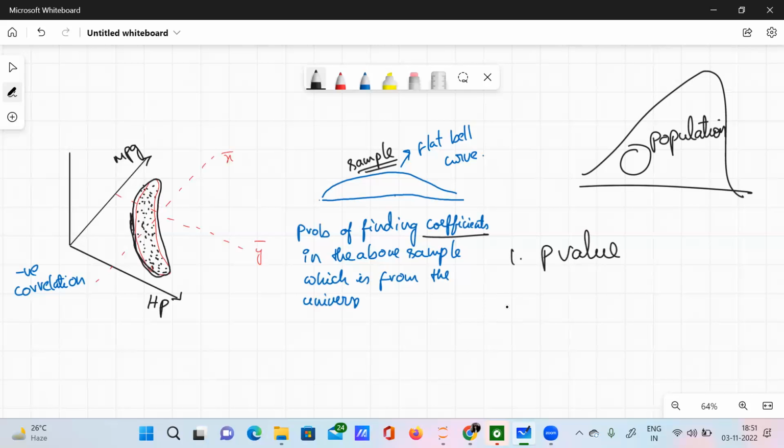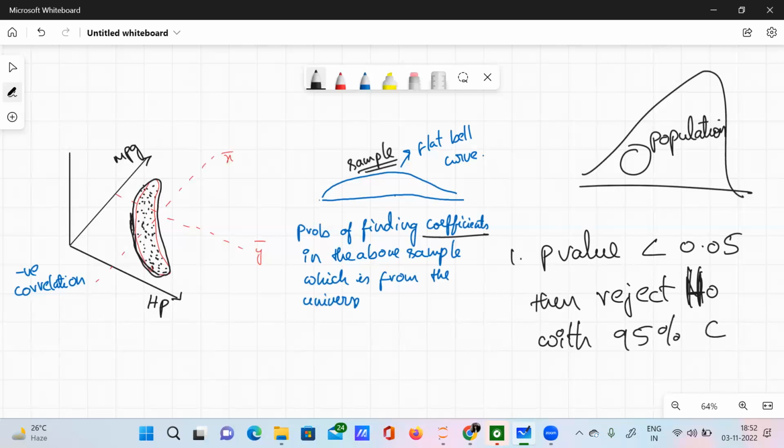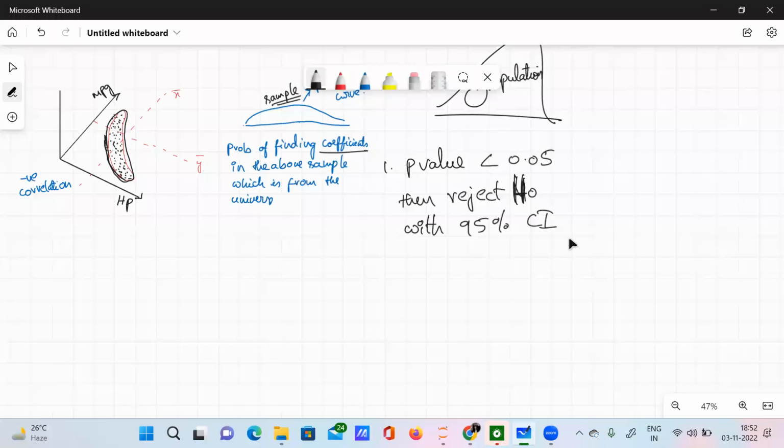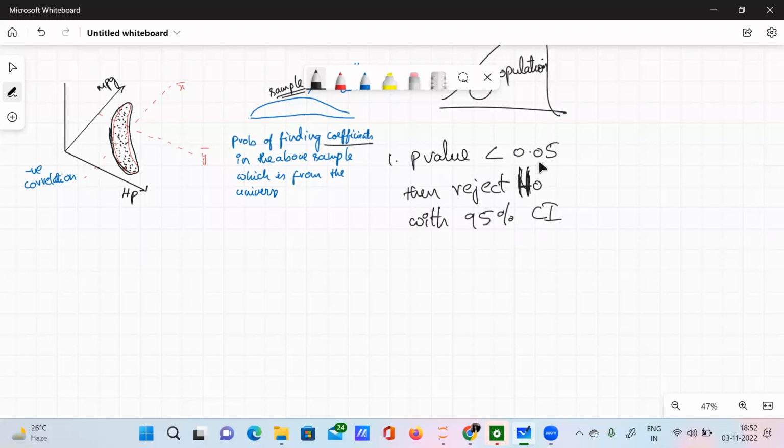The rule for the p-value is, if the p-value is less than 0.05, then reject the null hypothesis with a 95% confidence interval. So we can confidently say that if the p-value is less than 0.05, we can definitely reject the null hypothesis here, right?